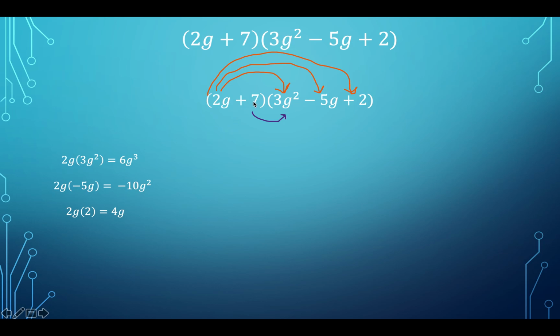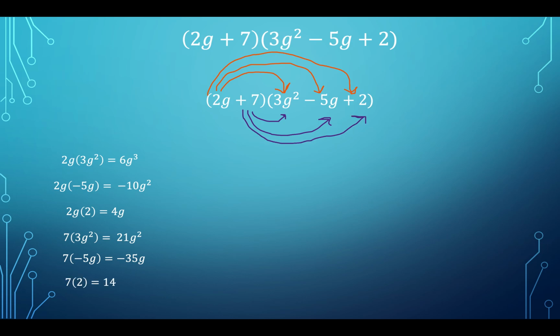Now we're going to distribute this positive 7 to each of these terms. Same thing. 7 times 3g squared gives us 21g squared. 7 times negative 5g gives us negative 35g. And 7 times 2 gives us 14.